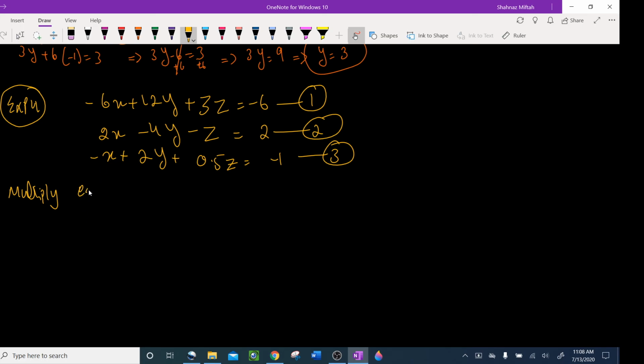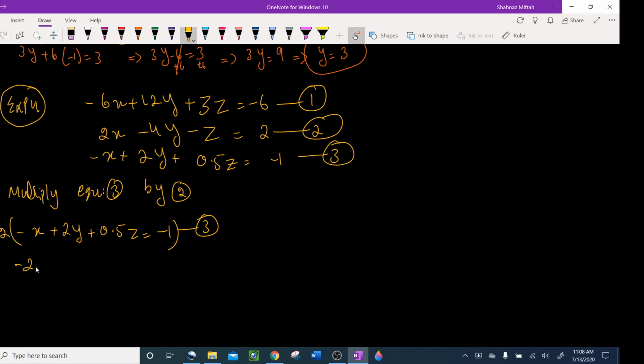Multiply equation 3 by 2, and let's try this first, and then we can go from there. Multiply equation 3, negative x plus 2y plus 0.5z equals negative 1, by 2.